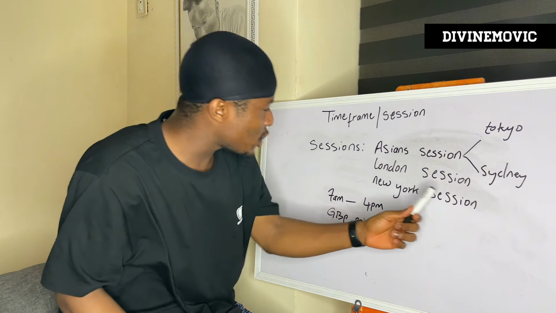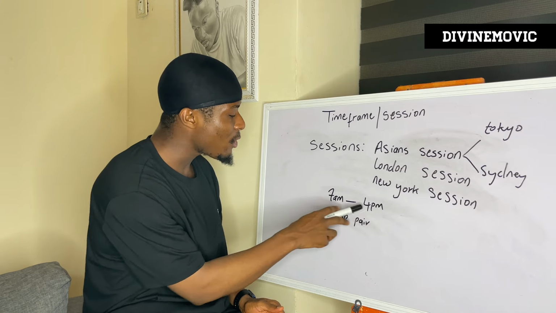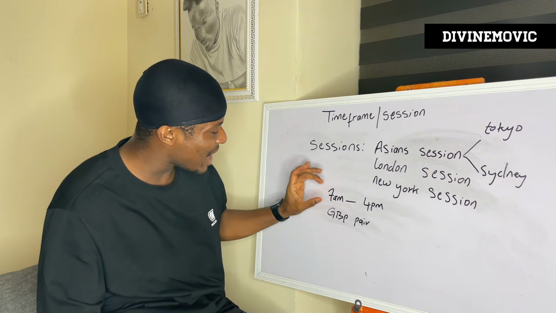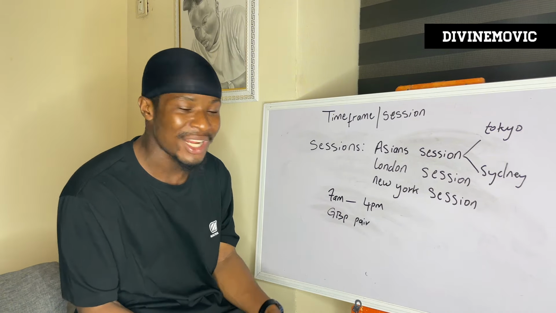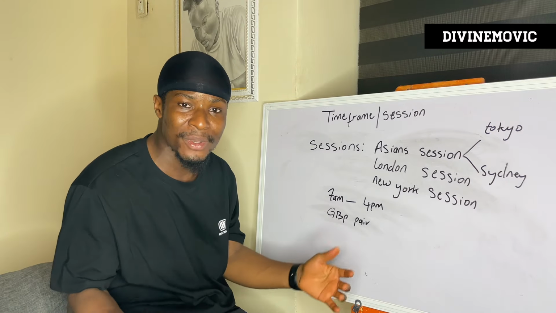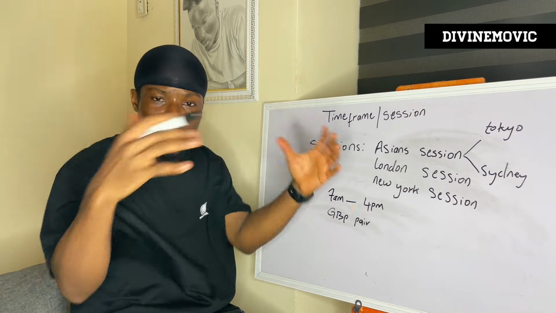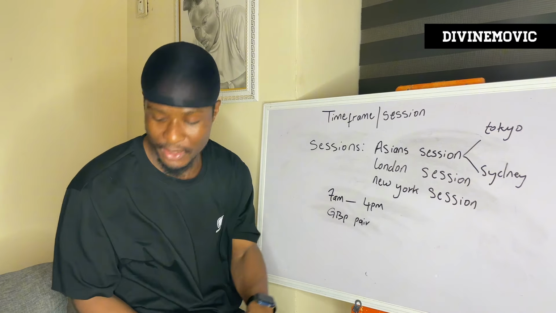Now, this London session is very active in the morning, 7 a.m. Nigerian time to 4 p.m. closing time. That means this session opens around 7 a.m. and closes 4 p.m. And the pairs likely going to move in this period are simply referred to as GBP pairs. That means any pair that has GBP, like GBP USD, GBP AUD, GBP CAD, all those pairs are likely going to be moving very fast in the forex market.